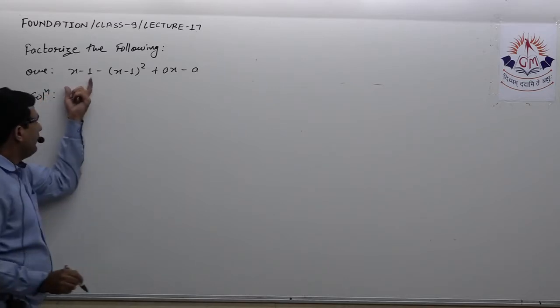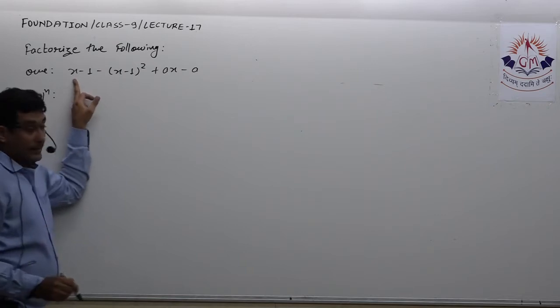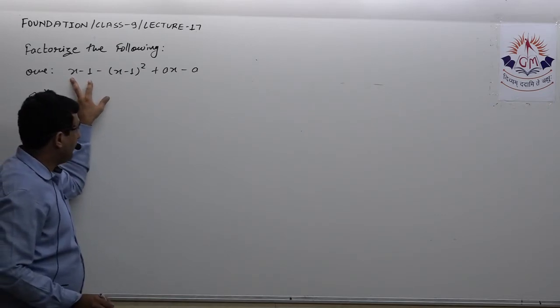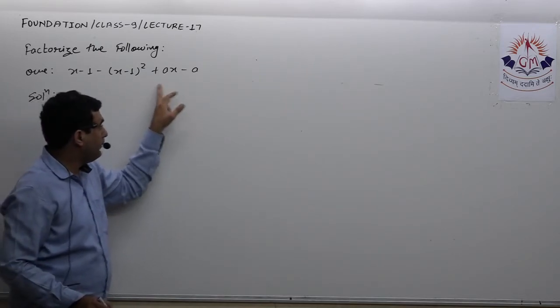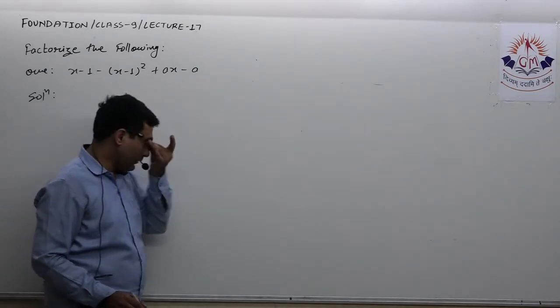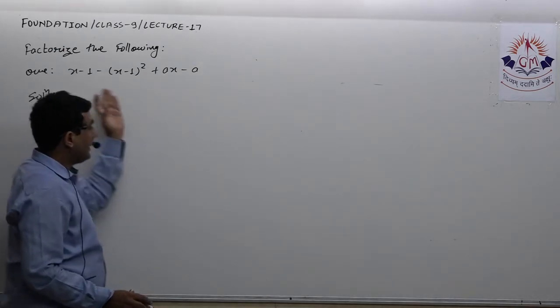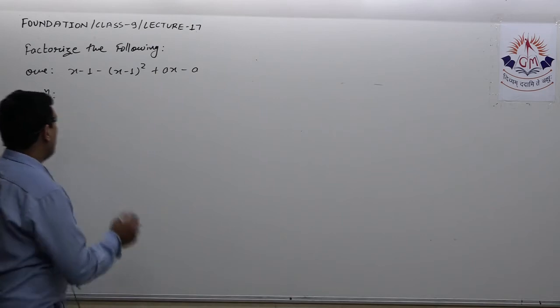See, from the first term we can take 1 common. If I take 1 common, I will get x minus 1. Here I already have x minus 1, and from these two, if I take a common, I will get x minus 1. So I can see x minus 1 will be there in all terms.